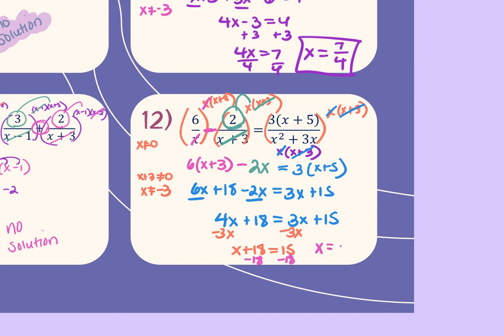And x equals negative 3. But we said x cannot equal negative 3, so we cancel this out, and it's no solution. And remember, on WebAssign, that would be a DNE, right? No solutions, DNE on WebAssign for does not exist.